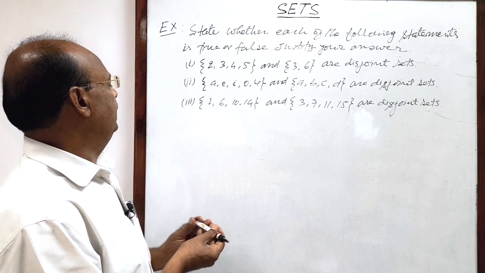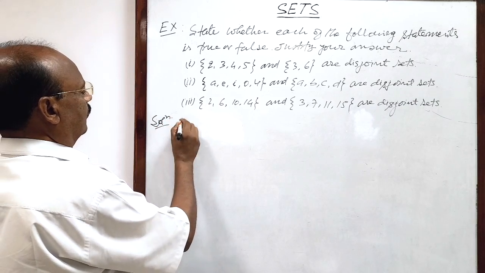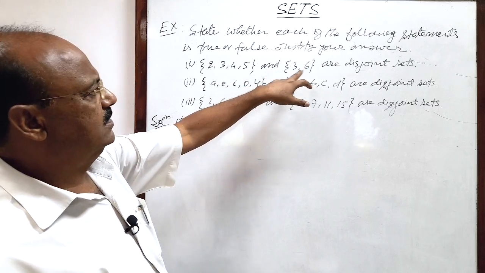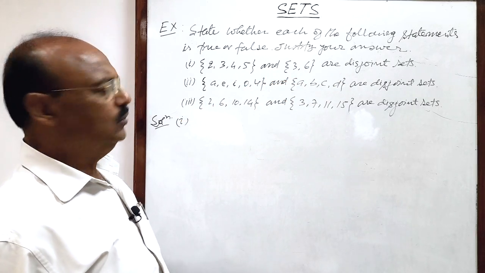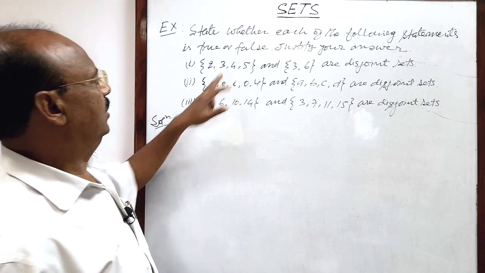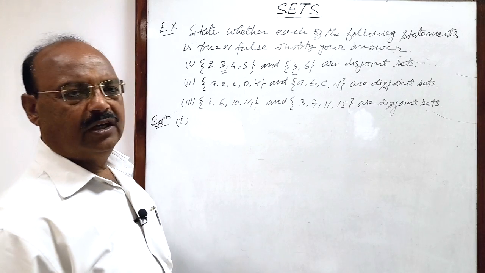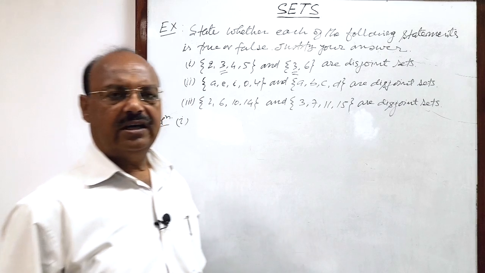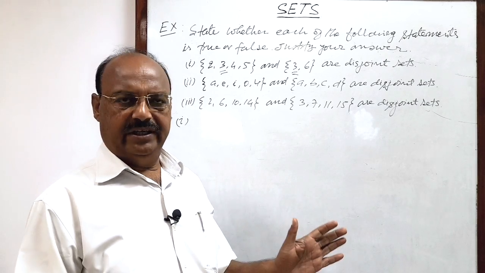So what will be our answer here? Here it is given that these sets are disjoint sets. Is it correct? No, this is not correct, because the element 3 is common in both the sets. As we told you, two sets are disjoint sets only when no element is common.